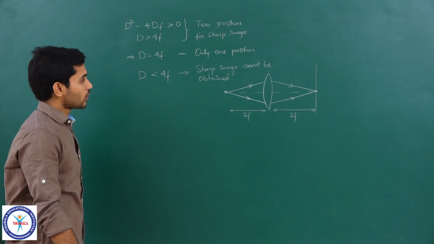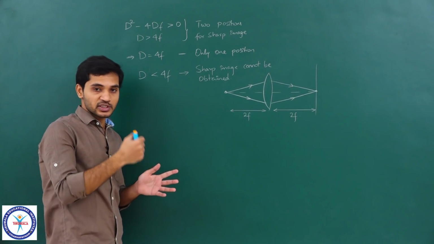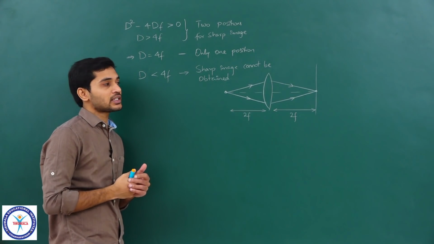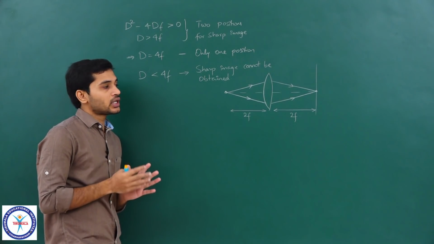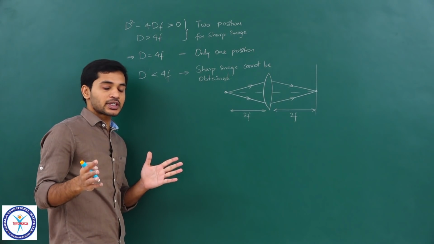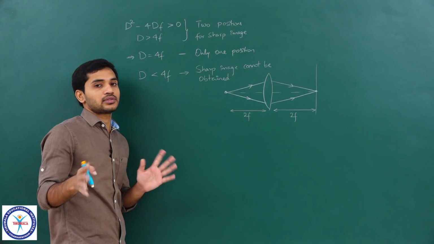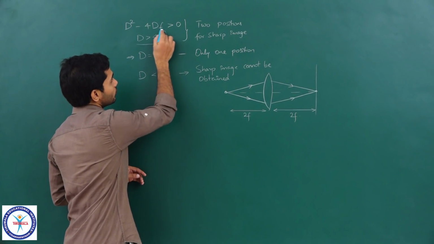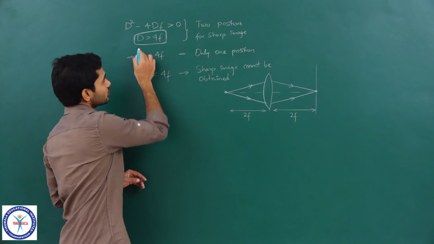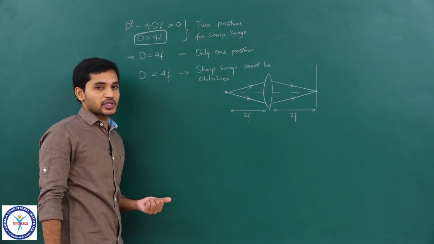Clear, students? So, whenever you are using this displacement method for calculating the focal length, it will only be helpful for us if the separation between object and the screen is greater than 4f. So, only under this condition we can use the displacement method.